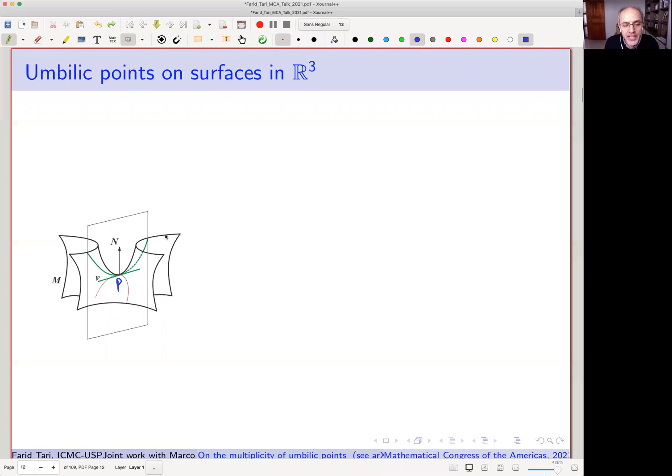This plane cuts the surface along a curve, and this curve is a plane curve, has a curvature. We call the curvature of that curve the normal curvature of the surface along v, and which is given by basically the second fundamental form along v.